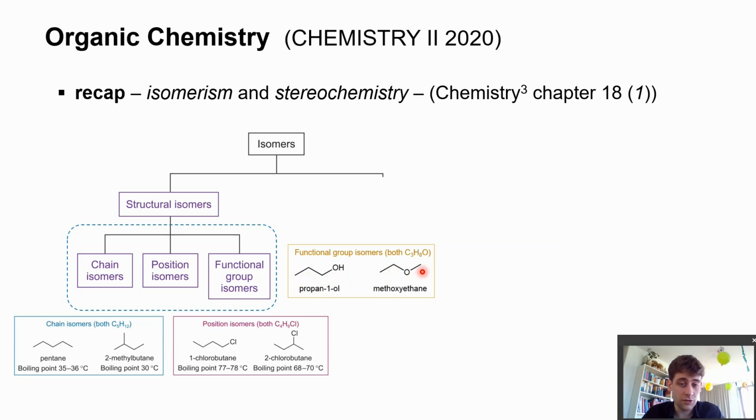Carbon, carbon, oxygen, carbon. Then the molecule still fulfills the sum formula, but again the physical properties change a lot, and it's also not the same functional group anymore, because this is an alcohol and this is an ether. They have substantially different properties and also show different reactivity, as you probably remember from the introduction to organic chemistry.